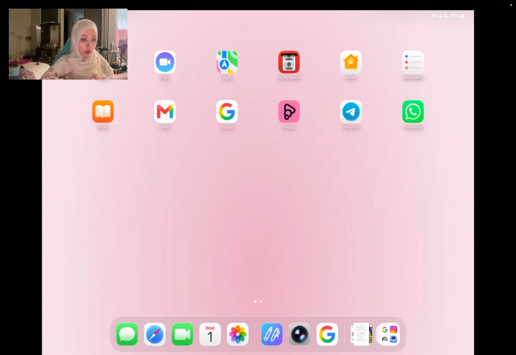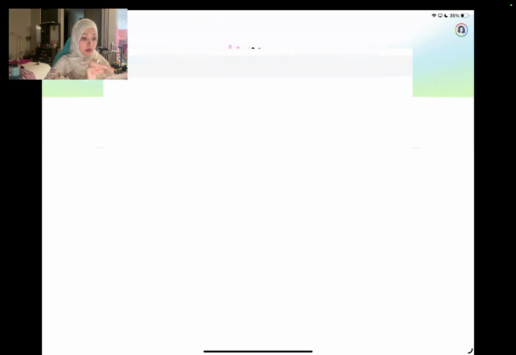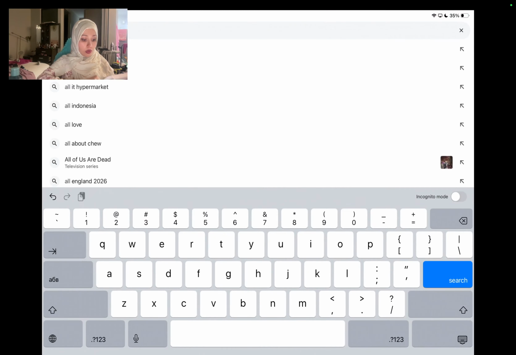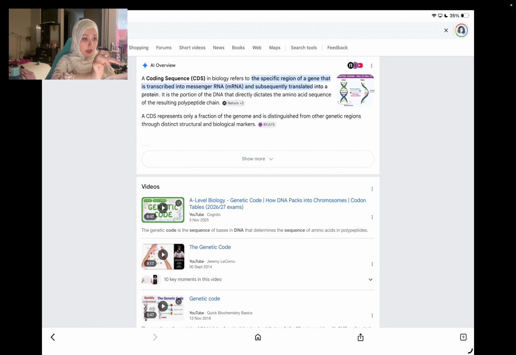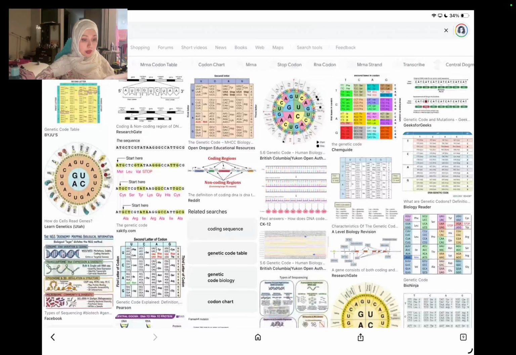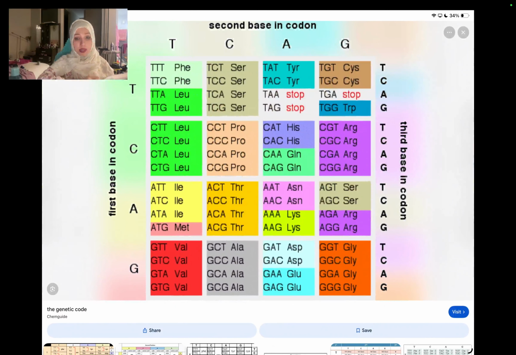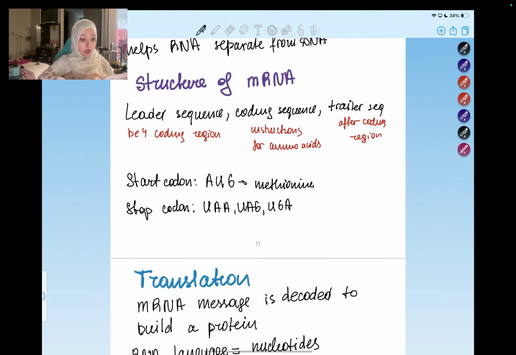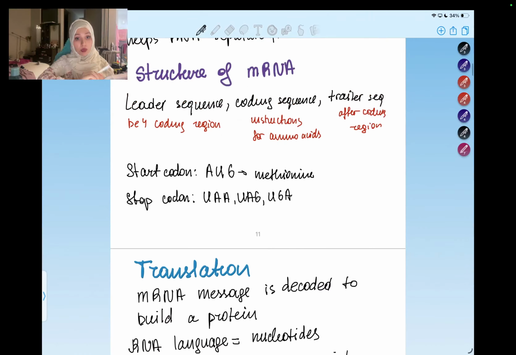I can show you, here we have all the coding sequence in biology. We have these bases, they're called codons. We don't need to memorize all, but it's great to memorize the stop codons, which are UAA, UAG, UGA, and the start codon, which is AUG, codes for methionine.